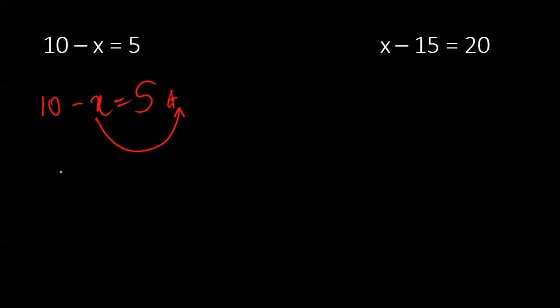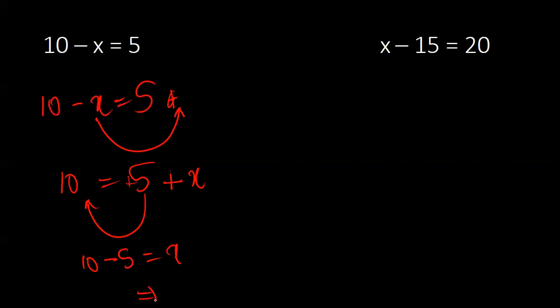So I'll write in the next step, 10 is equal to 5 plus x. Now I have to isolate x, but this time I'm going to isolate it on the right side. So depending on the sign, you can change your priority of LHS or RHS. So I'll take 5 to the other side. Because here it is positive, it will become 10 minus 5 equal to x, which implies x is equal to 5. So that's all. That is very simple.